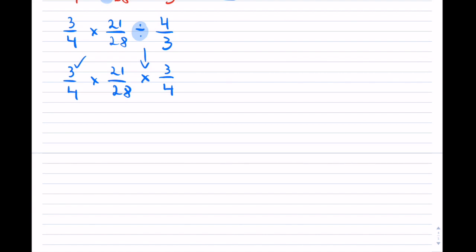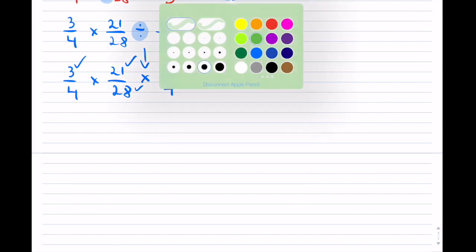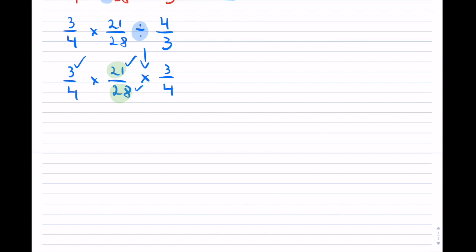So 3 won't do anything for us. 21 and 28 are both divisible by 7, so I can reduce these by 7. So that will go 3 times, and that will go 4 times. Now that leaves me with all 3's on top and all 4's at the bottom. So this is as far as I can reduce this, because 3's don't go into 4.